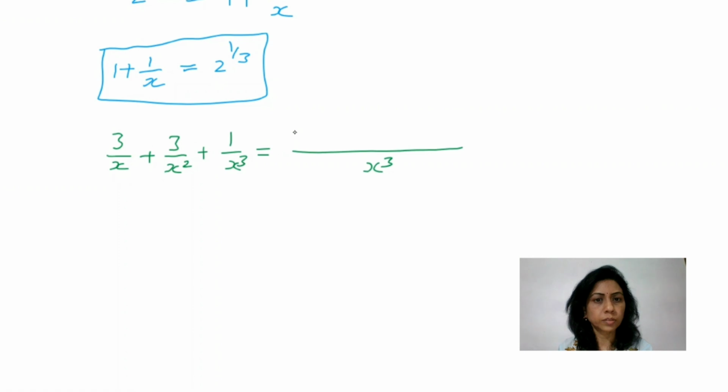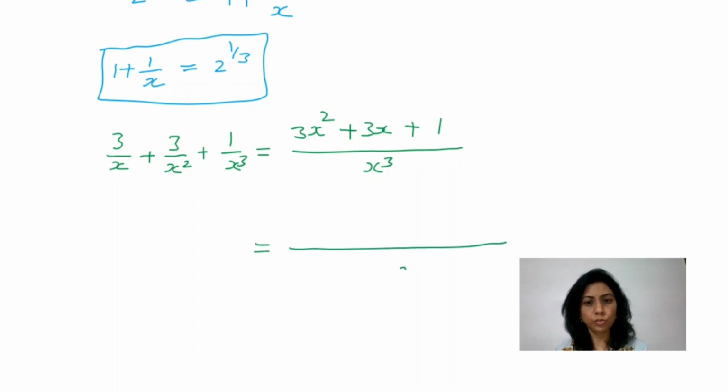So here 3x cube, no, actually x square, because here there is already x. And here 3x, because in the denominator there is x square, and here 1. Here x cube, 3x square plus 3x plus 1.